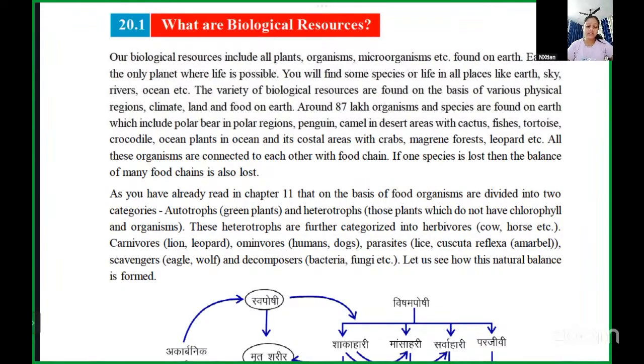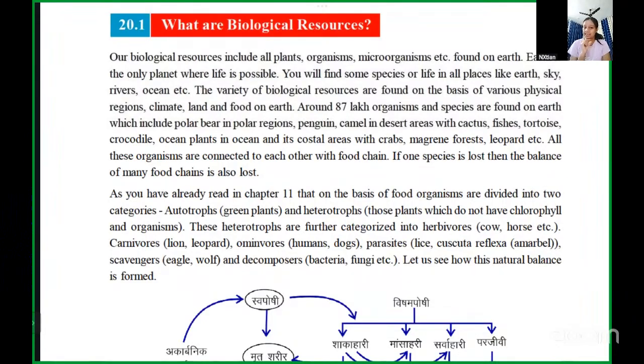The variety of biological resources is found on the basis of various physical regions, climate, land, and food on Earth. This means the differentiation is on the basis of physical regions, that is, on the basis of climate.